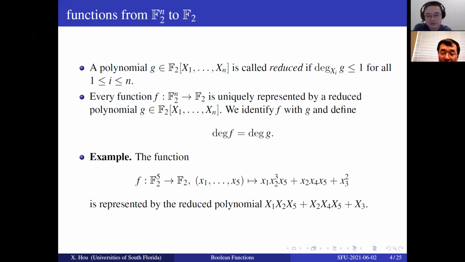The capital Xi is an indeterminate, and the little xi is just an element of the field F2. And whenever you see, say, x2 to the power 3, you can replace it with x2, because in the field F2, x squared is equal to x.